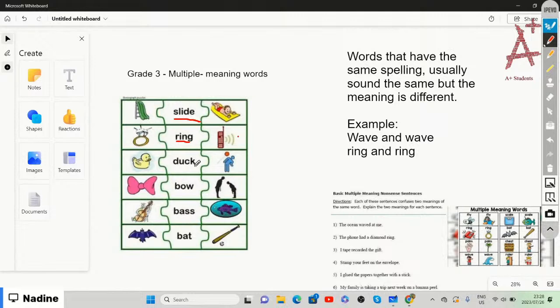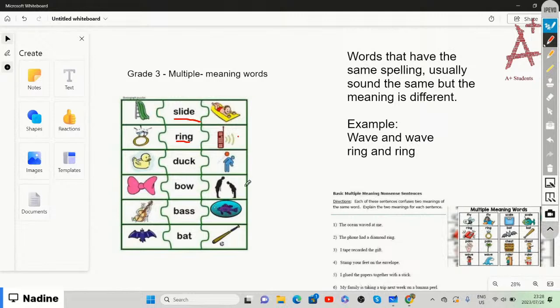Then duck: a little duck, whether it is an actual duck or a toy duck that kids play with in the bath. And another duck is where a ball is about to hit you and you move sideways so that the ball does not hit you.